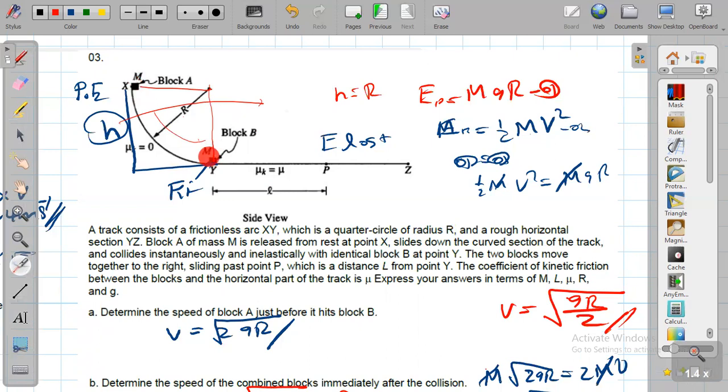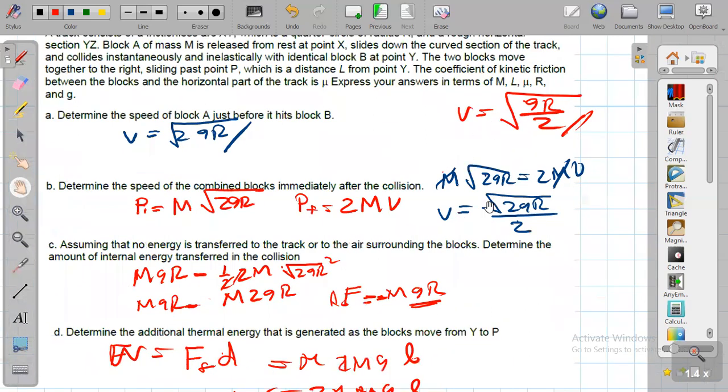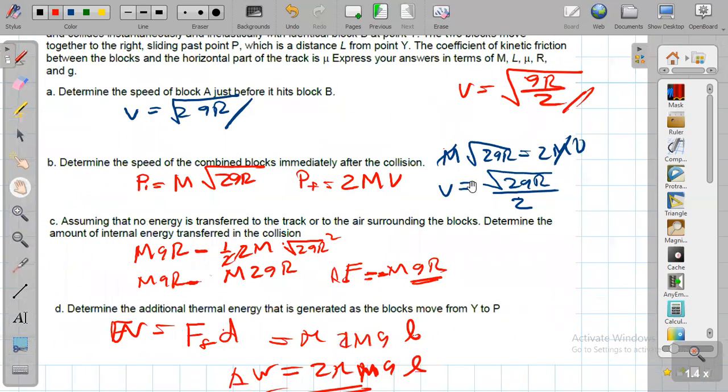Now it converts to kinetic energy. Potential energy converts to kinetic energy. So I can directly take potential energy as the energy it had. Now after the collision, both the objects combine together.